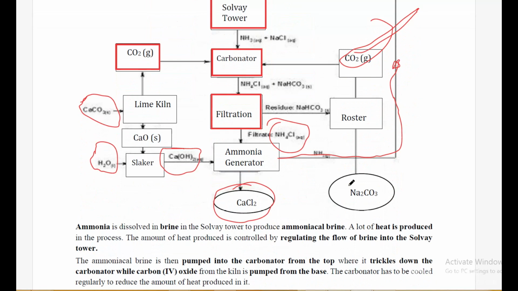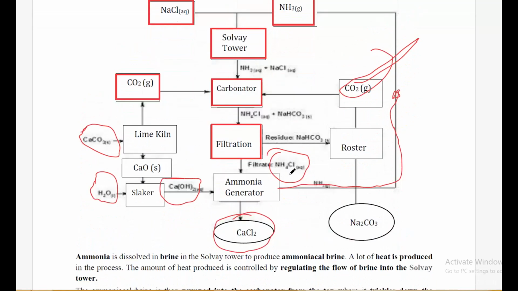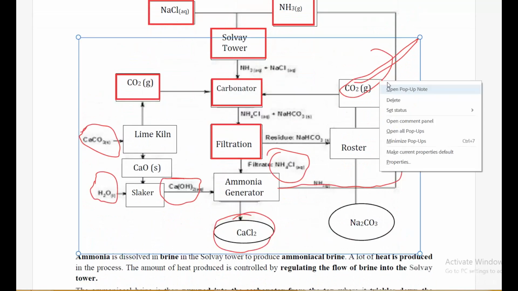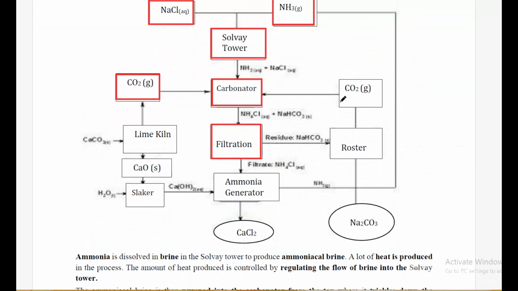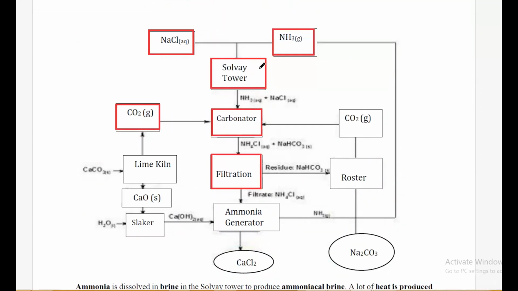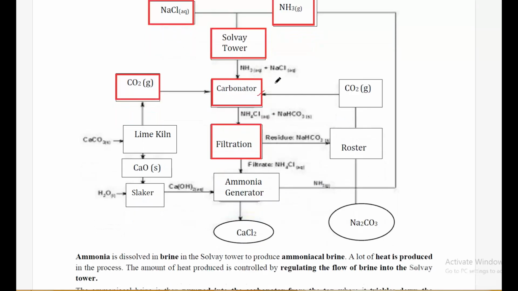So kitu sasa lingine unafaa kujua is the reactions that are taking place in each chamber. The reactions which are taking place in each chamber, it is important that you know them. So what is happening in the Solvay tower? Ammonia will combine with sodium chloride plus water to form ammoniacal brine. The most important reaction takes place in the carbonator here.